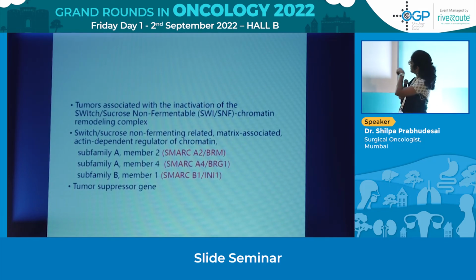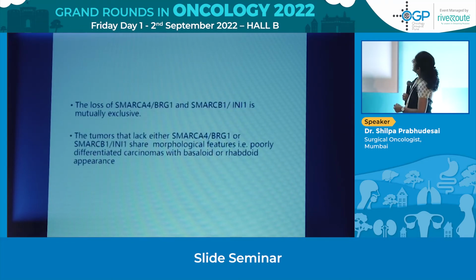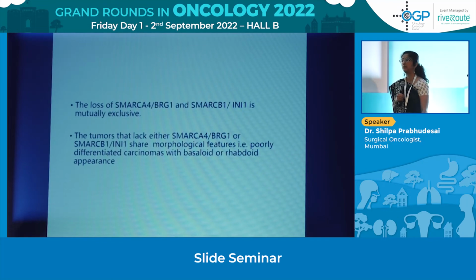So these are tumor suppressor genes, and these tumors are associated when one of these gets inactivated. And these terms indicate the subfamily and the members of that subfamily. So the loss of BRG1 and INI1 is mutually exclusive. And what should suggest to you that you need to look for INI1 or BRG1?